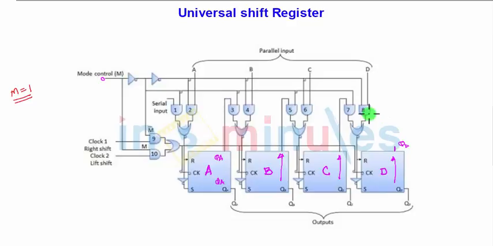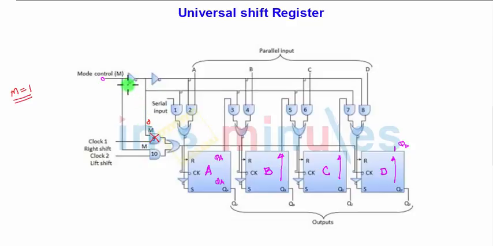Let us see how this combinational logic changes as per the mode control. I've set M is equal to 1, so this terminal is going to clock 2, so clock 2 will be activated by AND gate number 10, whereas clock 1, which is connected to 9, is connected to M bar, and M bar is 0 here, so this will be disabled.